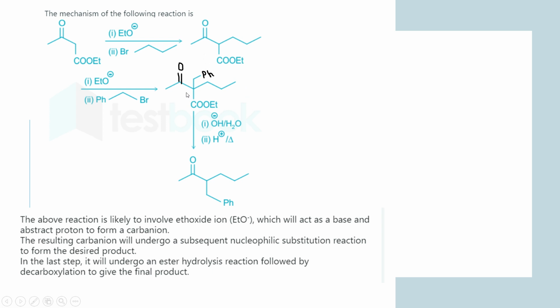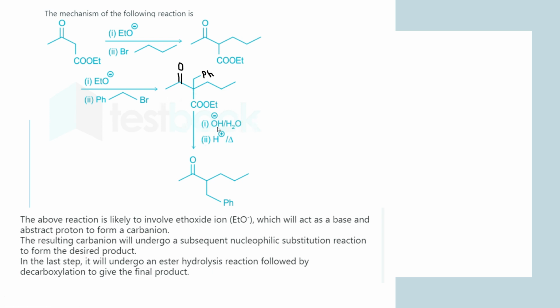It is the beta ketoester product where now you have alkyl chain attached at the alpha position. Now in the last step, the new beta ketoester product which we got is now undergoing alkaline hydrolysis.